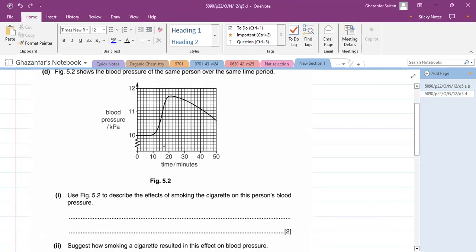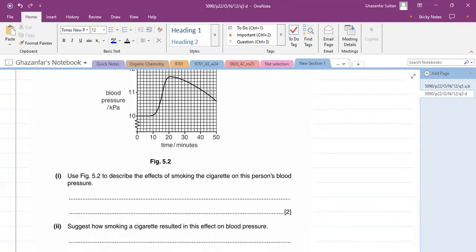He takes only 10 minutes for a smoke, but even until 40 minutes, the blood pressure is not normal. Use figure 5.2 to describe the effects of smoking the cigarette on this person's blood pressure.